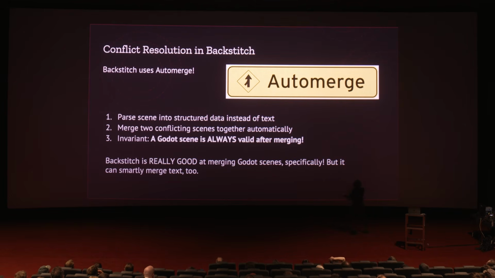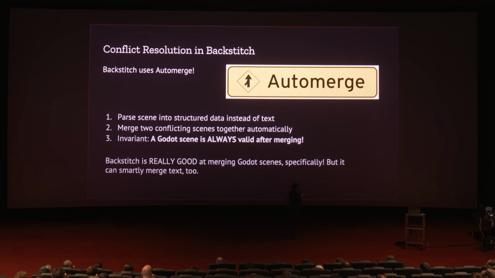And to do all this, Backstitch uses Automerge, which is a really cool automatic merging version control library made by some people at Ink and Switch and maintained by them. It's an open source community project, and it allows us to parse the scene into structured data instead of text, where it allows us to merge conflicting scenes together automatically.